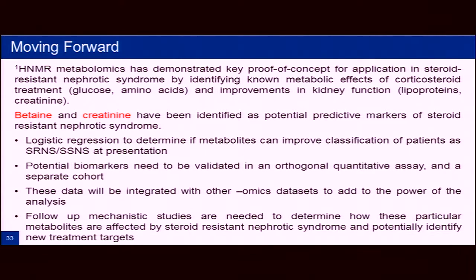We have collaborations ongoing with a proteomics core, and we would like to integrate that data that's showing some promise already as well, and then follow up with some mechanistic studies to actually show why, say, betaine may be changing in the process of steroid-resistant nephrotic syndrome.